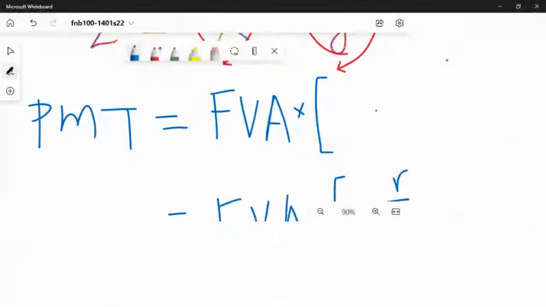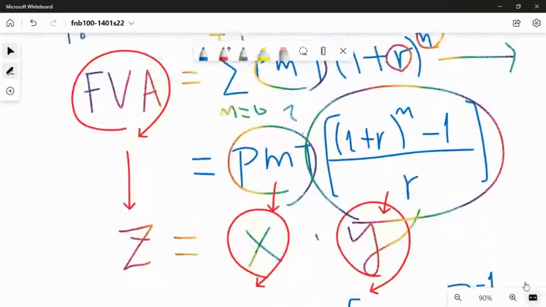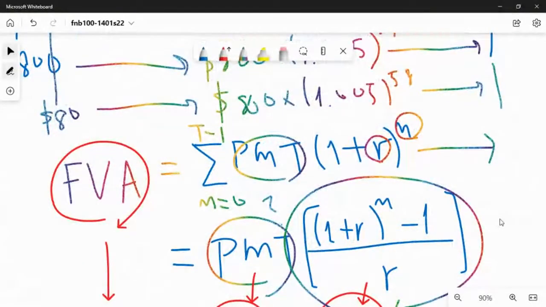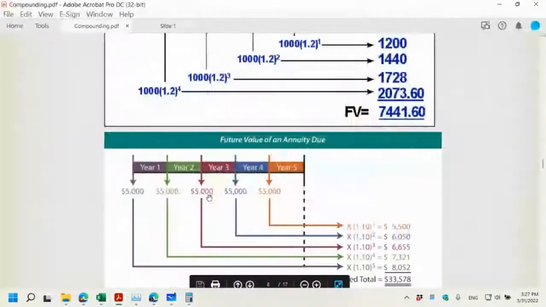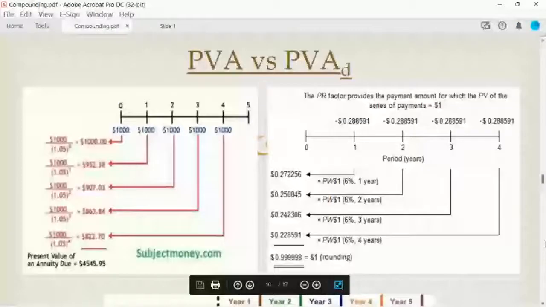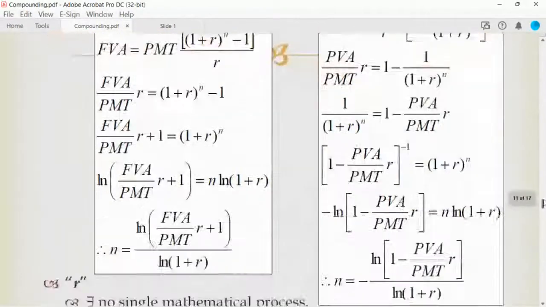So next, what if n is the unknown? How do we find n? Since we are running out of time, I will skip everything and just take you to the slide page.